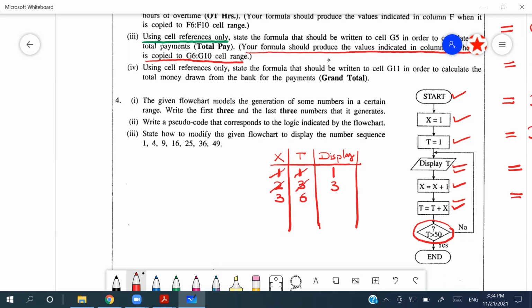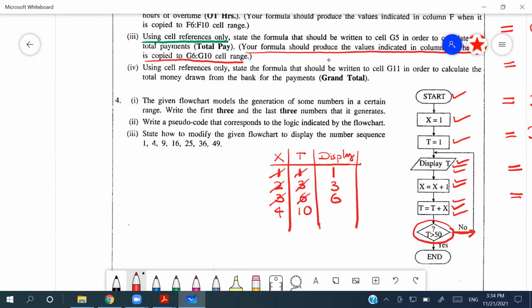And t is not larger than 50, so still we are on the no path. So it is displaying t again. So 6 will be displayed. And x will be increased by 1. So x will become 4. t is added to x. 4 plus 6 is 10. So t will be 10.